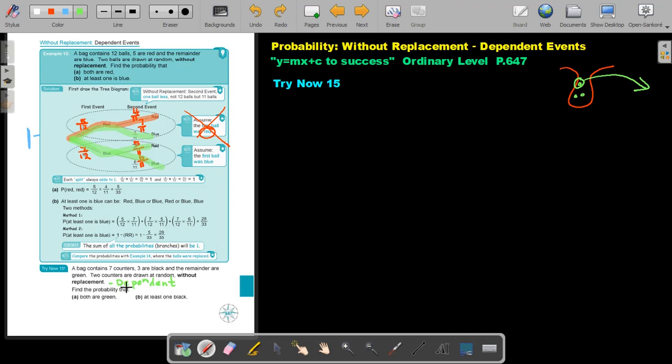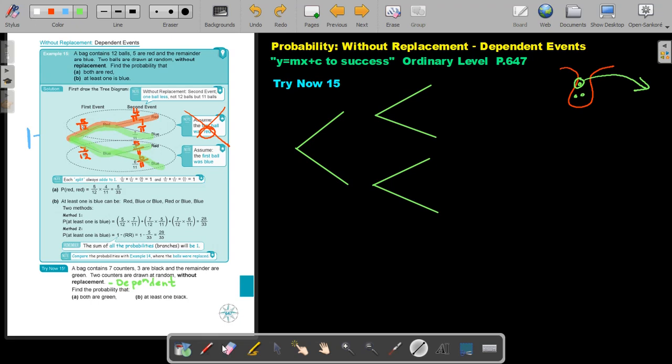Find the probability. Now the best is, especially if you are doing probability with 2 events for the first time, to draw your tree. So let's start by drawing a tree. It's 2 events, that's why I'm going to repeat.